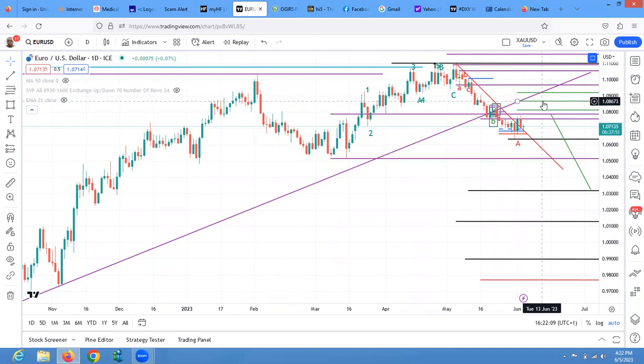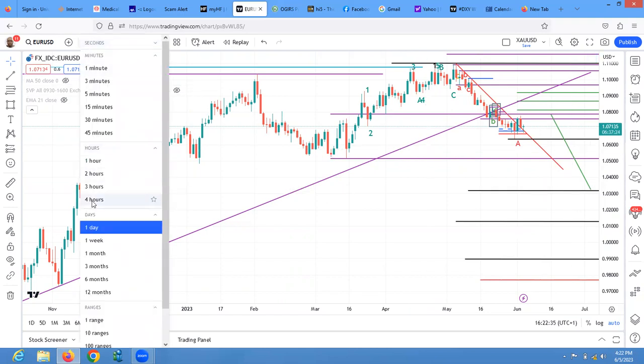The leg up will be my B, and the leg down will be my C. And that will make it what I think it should be. So this B is going to get complex. It should give us a 3-wave, because this one has given us a 5-wave to the downside. This one should give us a 3-wave to the upside. And the last 5-wave will make it a zigzag, and we are going up. Now, back to the 4 hourly.